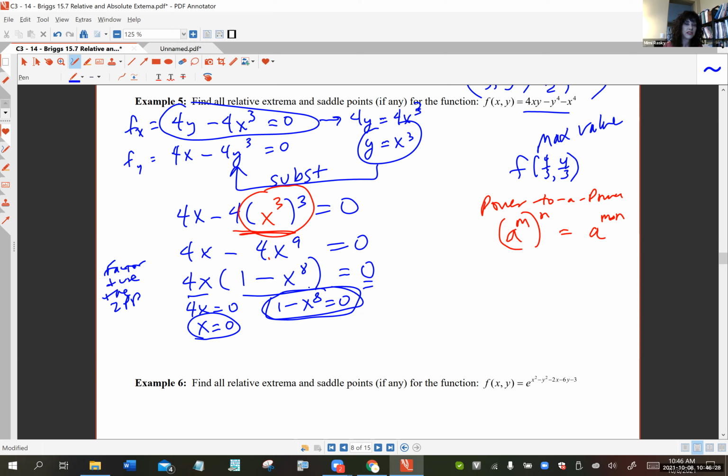And in this class, we ignore any complex number solutions, okay? For those of you that are taking or plan to take differential equations, please know that this has 8 solutions total.